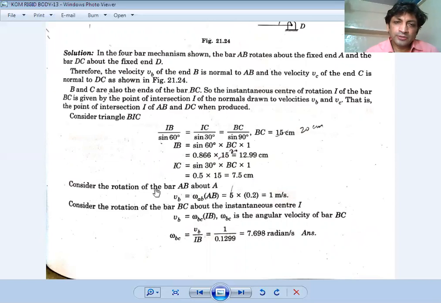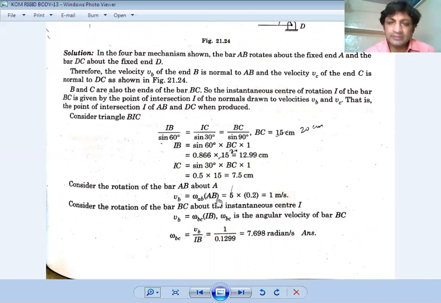Now consider the rotation of the bar AB about A. We have to find VB. So VB is equal to omega AB into AB.